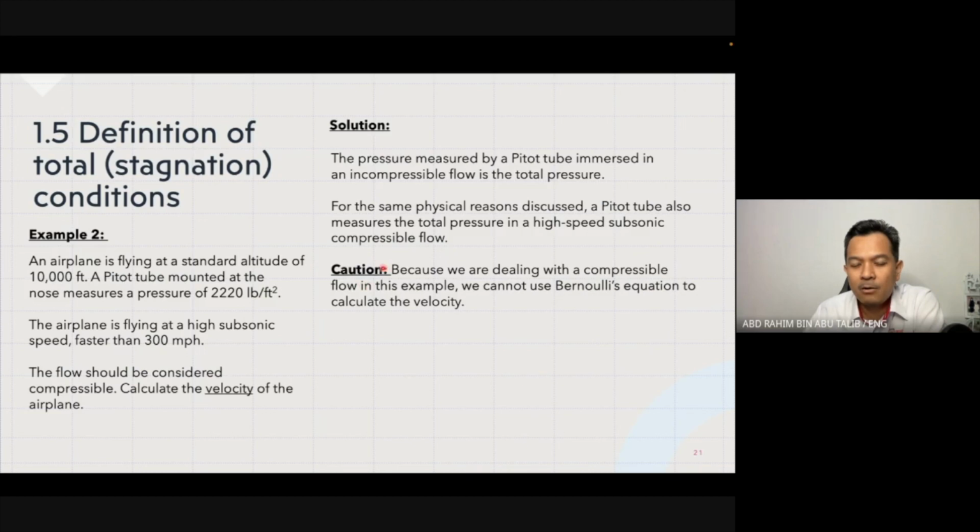Be aware, caution here, because we are dealing with compressible flow in this example. We cannot use Bernoulli's equation to calculate the velocity, which we already covered in our previous session before our break earlier.